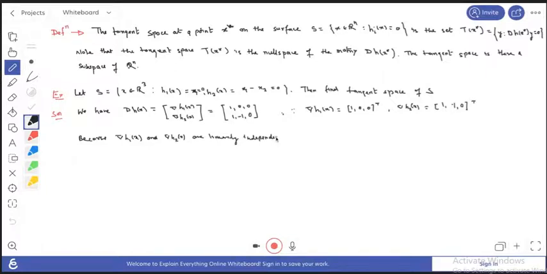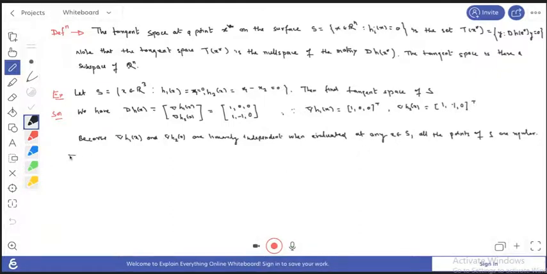These are linearly independent when evaluated at any point of S, so at any x that belongs to that surface. All the points of this surface are basically regular.